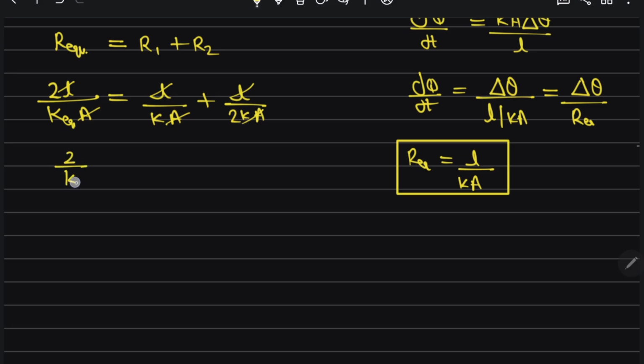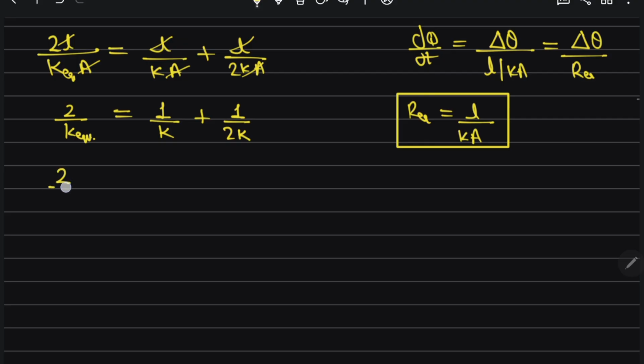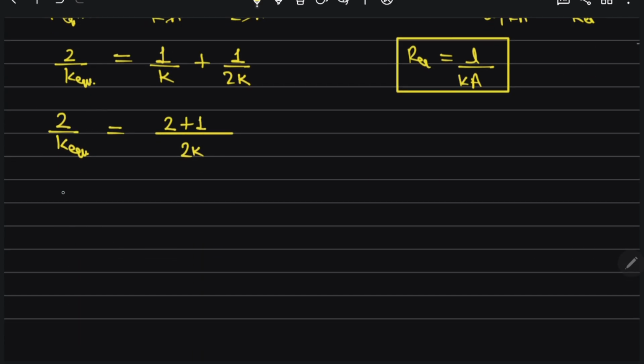So 2 upon K equivalent is equal to 1 upon K plus 1 upon 2K, which is 2 plus 1 over 2K. So 2 upon K equivalent is equal to 3 upon 2K, and K equivalent comes out to be 4K by 3.